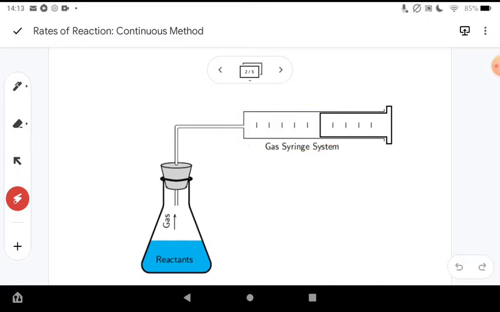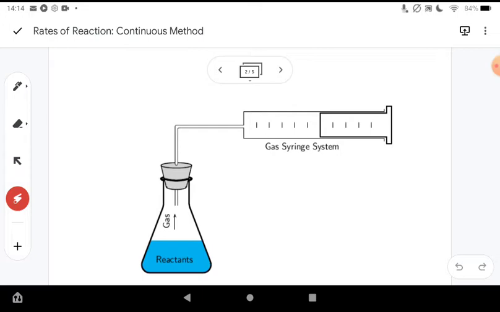Now, the bit that's quite tricky with this is that the rate can vary quite dramatically, especially when you change things like concentration, because 0.1 and 2 molar will have very, very different rates. So you'll need to do some pilot practicals, preliminaries, so you know what volumes to use, what masses of magnesium, and what sort of values you can expect to get from the highest and the lowest concentration.